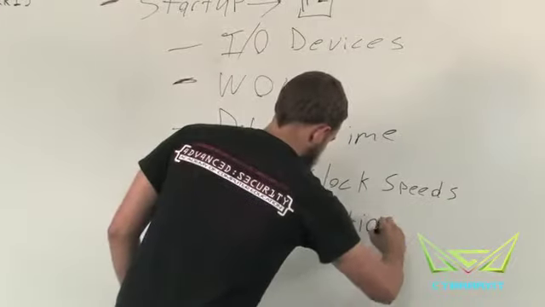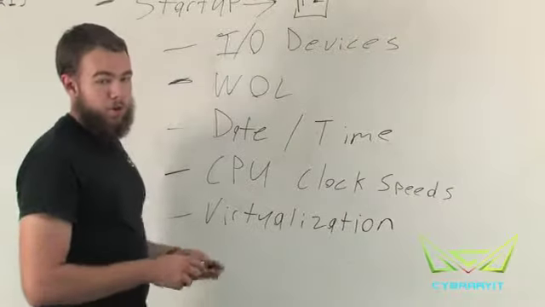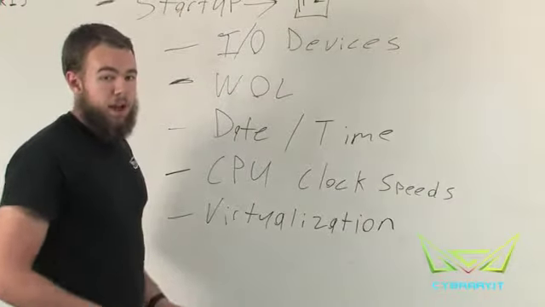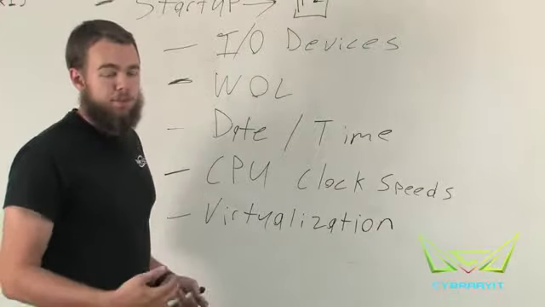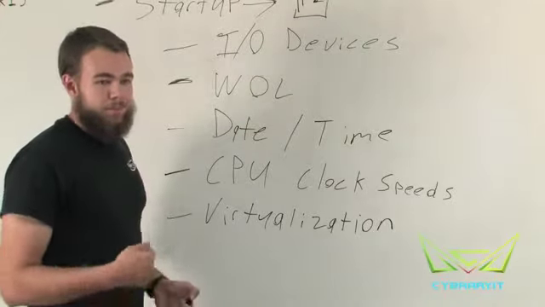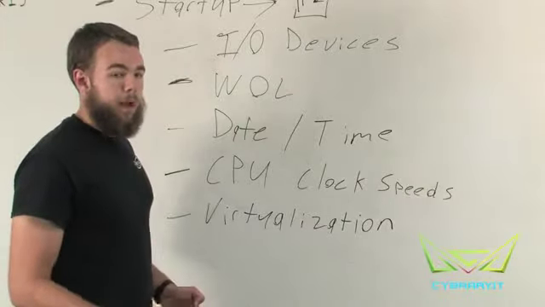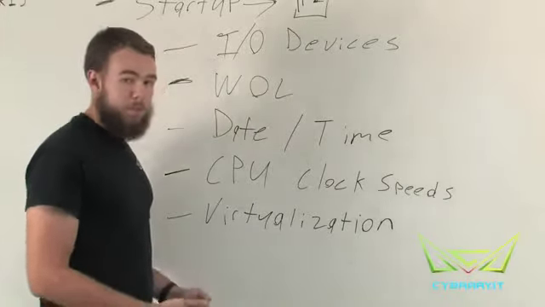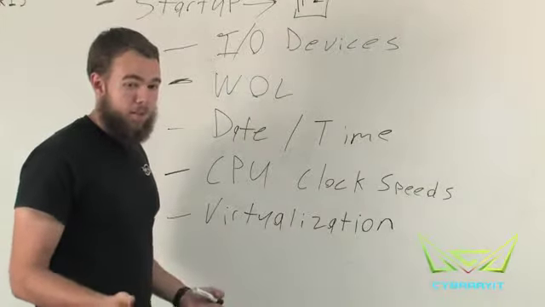And we can also adjust virtualization. What I mean by virtualization is that there are programs or applications that allow you to host multiple computers inside one computer. VMware, VirtualBox, and Hyper-V are all applications which can be used on your computer, and you can have more computers running on your computer.